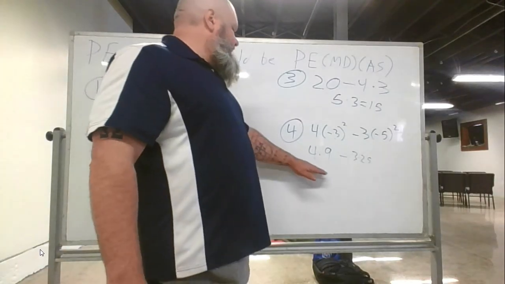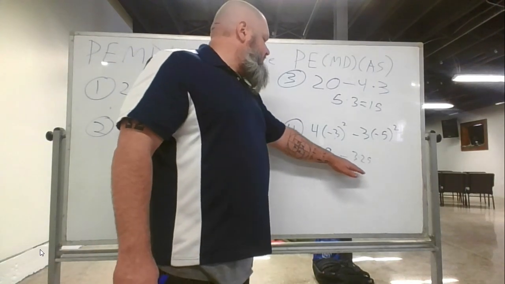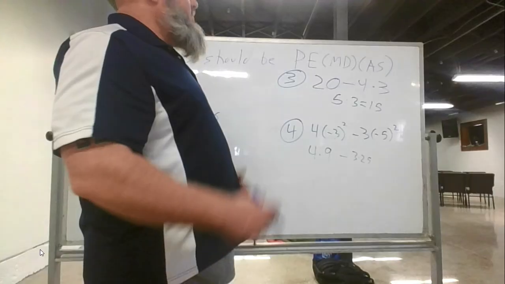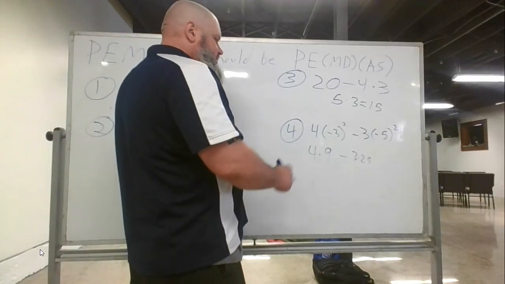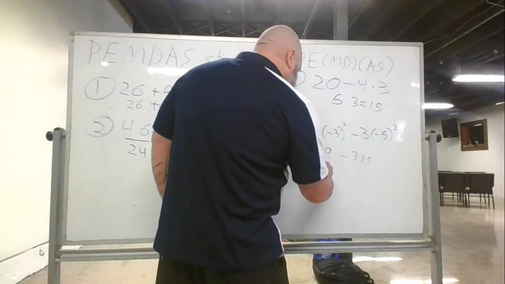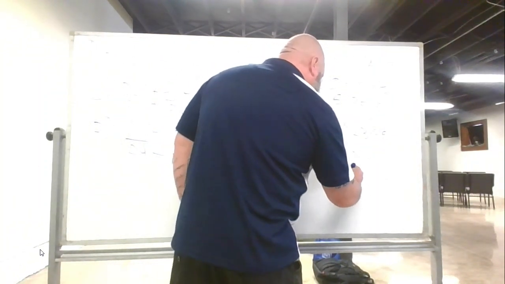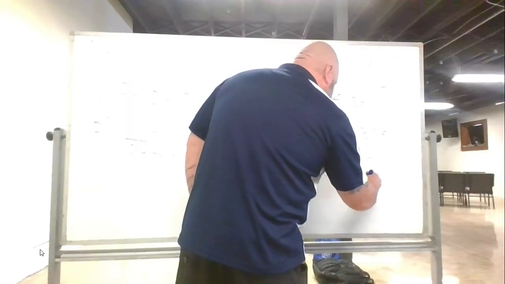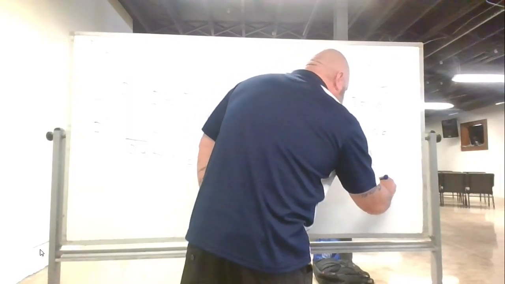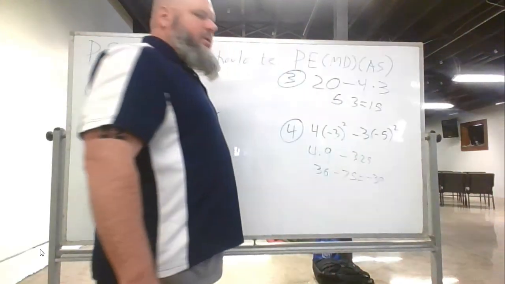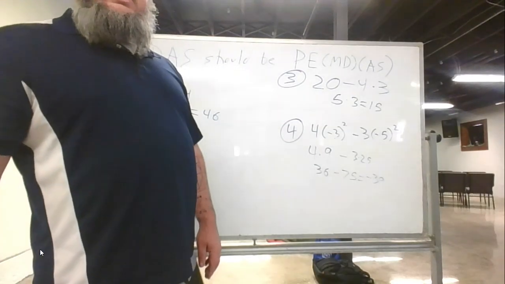So now I've simplified it to 4 times 9 minus 3 times 25. Order of operations, let's do some multiplication. 4 times 9 is 36, minus 3 times 25 is 75. You do that math, you get negative 39. There are some examples to get you started. If you have any questions, send me an email.